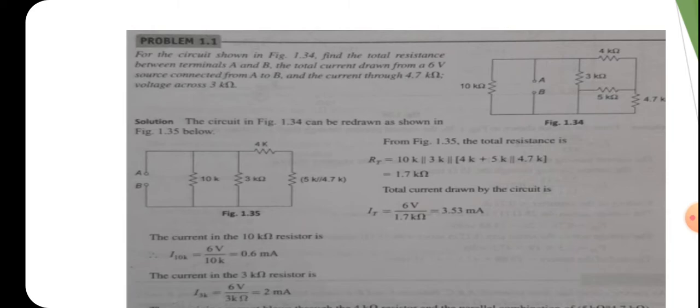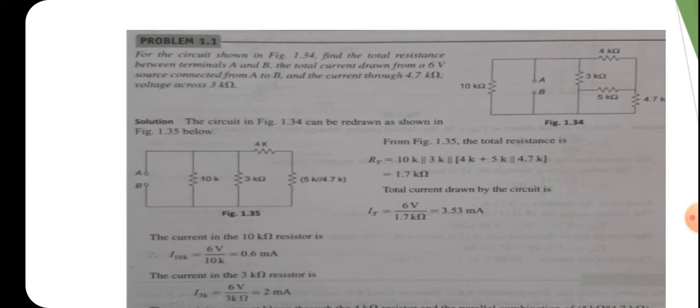One terminal is connected to A and the other is connected to another point where 4.7 kilo ohm and 5 kilo ohm are connected. So if you look at 4.7 kilo ohm and 5 kilo ohm, you can find that these two resistors are parallel.